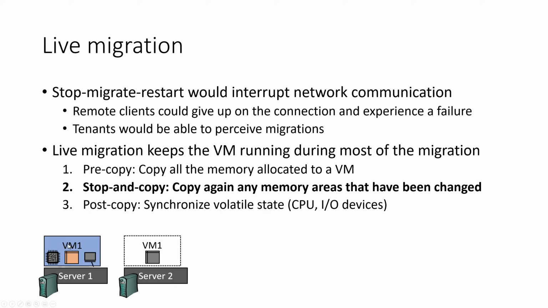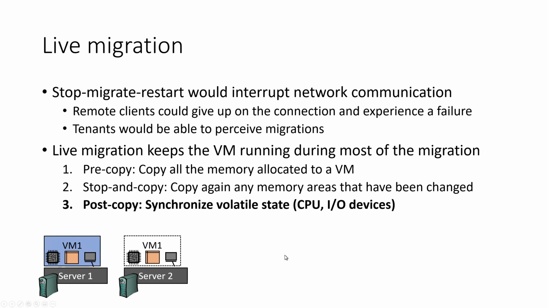For example, VM1 might have done some modifications in memory, edited a figure, saved some new data. So we have to synchronize this memory again. We copy some of the data again to update the copy that we have on server 2. We copy this over the network, and now the memory is exactly the same because the VM is stopped, so its memory is no longer changing.